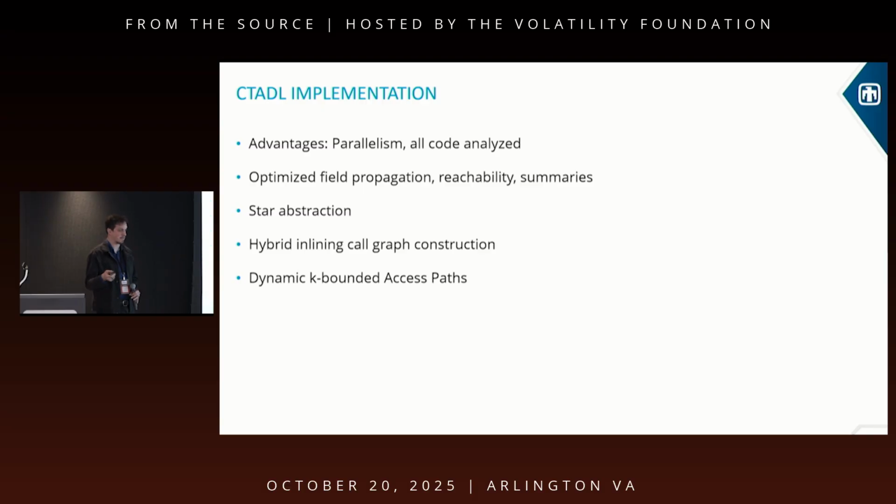So for Java, for example, typically you resort to a type-based approach where you say, okay, if you're calling a method of this type, I will call all the resolvents of that method. We have a hybrid method that can give us more precision, which means fewer false positives if you're trying to use this method. I'm not going to talk about k-bounded access paths.